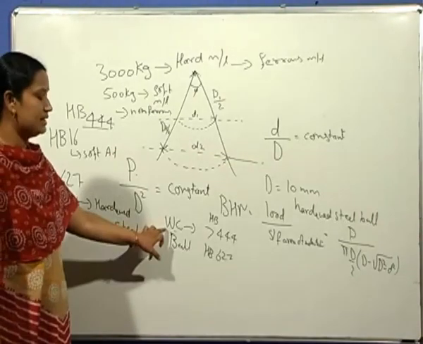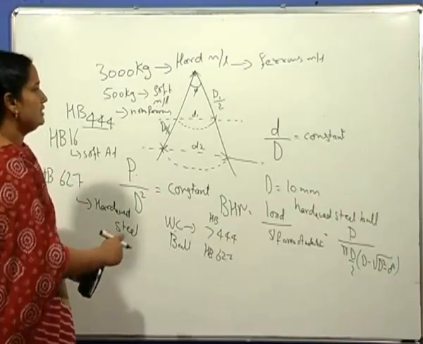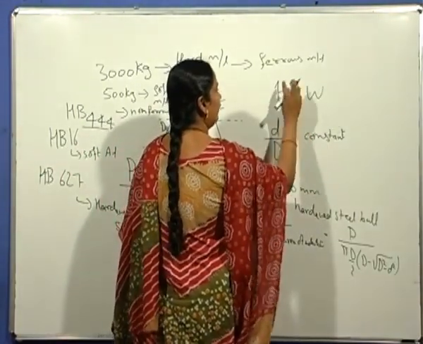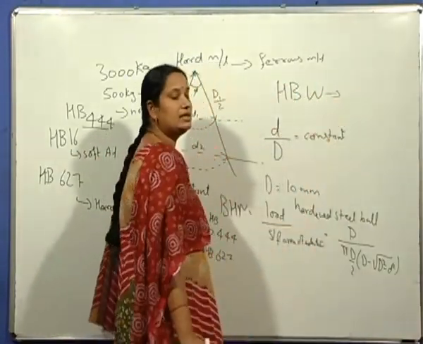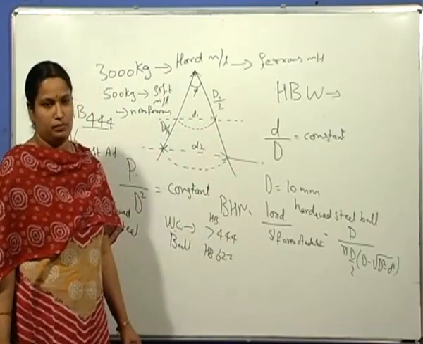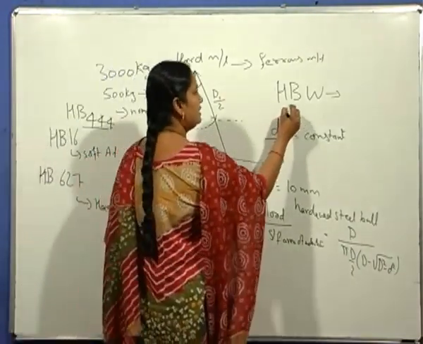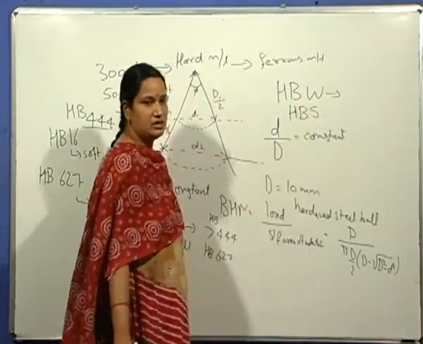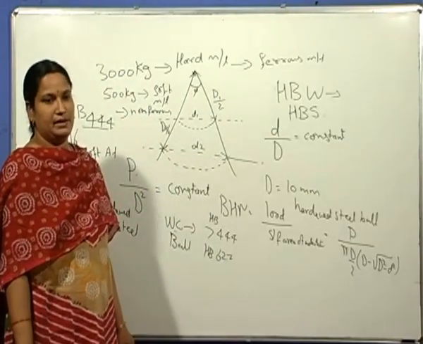So when using a tungsten carbide ball as an indenter, it is represented as HBW, where HB stands for Brinell hardness and W stands for the tungsten carbide ball. When steel balls are used, the hardness number is represented as HBS. S stands for steel ball and W stands for tungsten carbide.